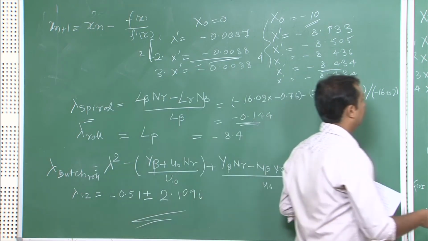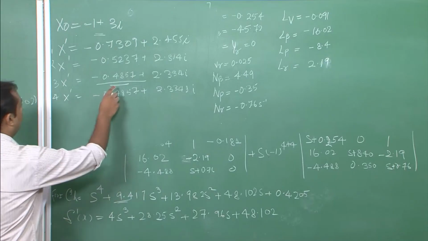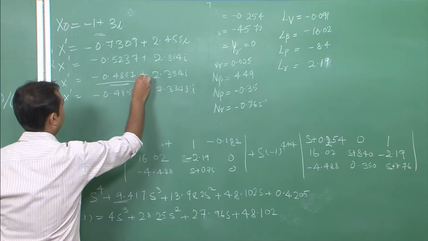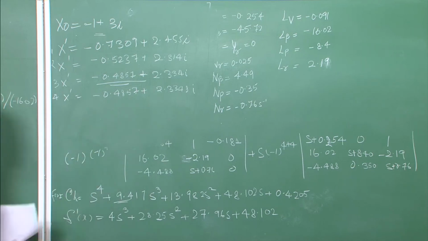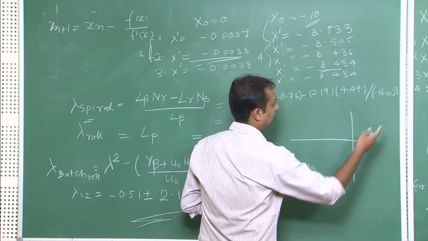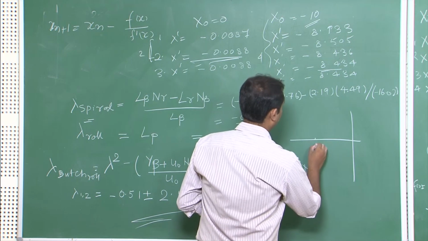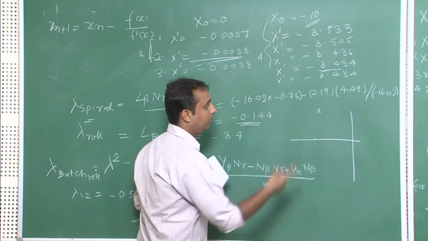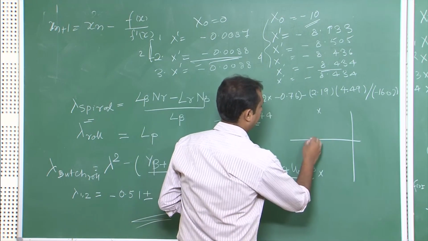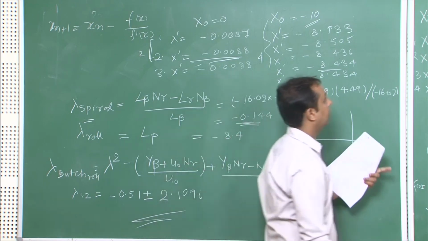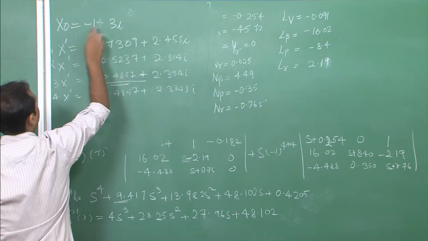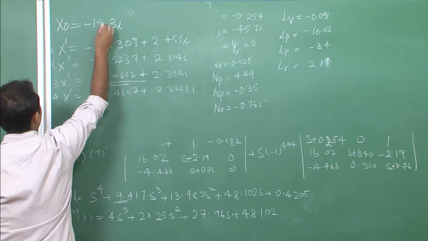And one thing more: as I told you, this is for one root, and as you know, complex roots come in pairs, which are mirror images about the x-axis. So this will be somewhere about minus 4 point something here, then the other root will be just the mirror image of it about the x-axis, which you can get by replacing this initial value with minus 1 minus 3i.